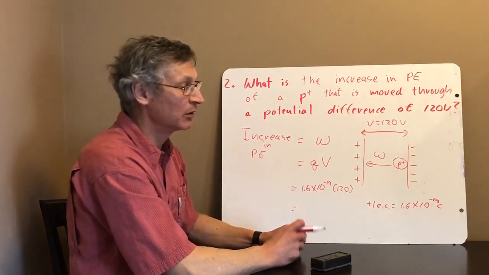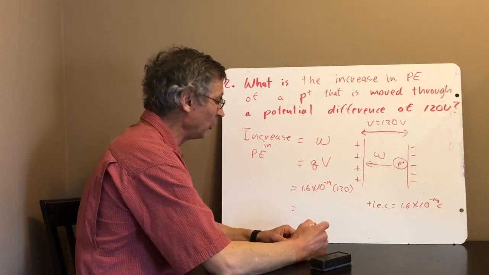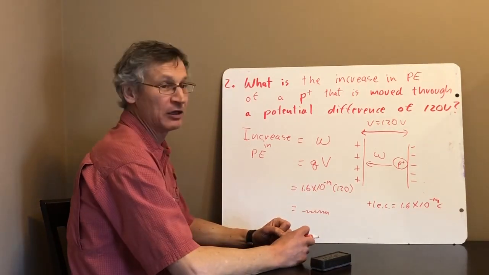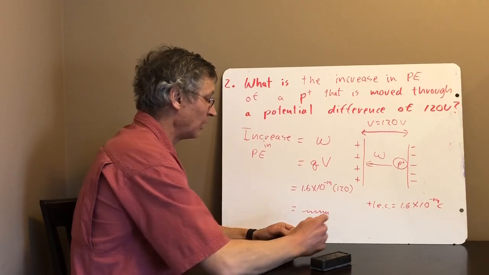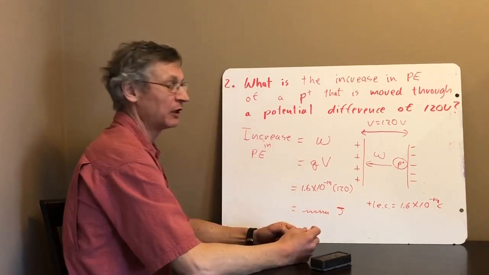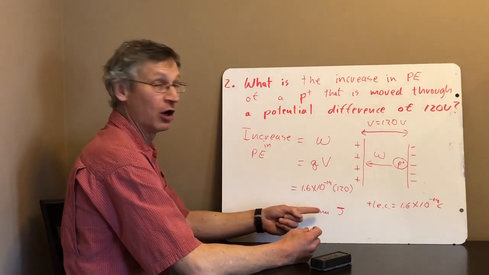Might have been the victim of the falling book. I'll let you do that. So whatever you get, you're going to get. Don't forget your units. Coulombs multiplied by joules per coulomb. Your units are going to be joules, or Newton meters if you like. And that's what it's supposed to be. Units of potential energy are joules.